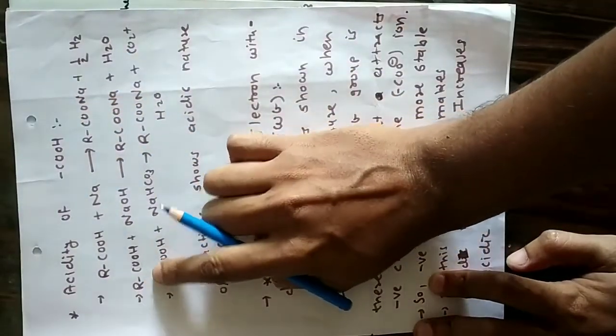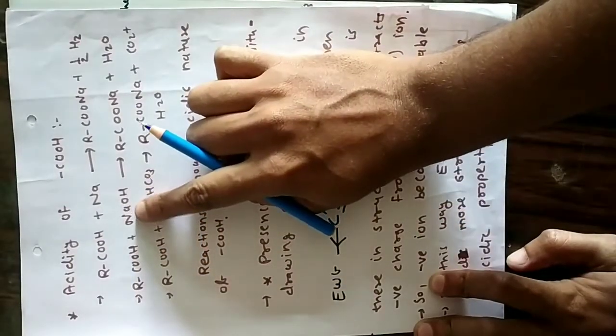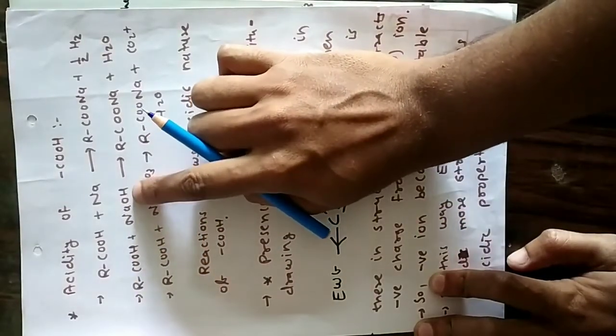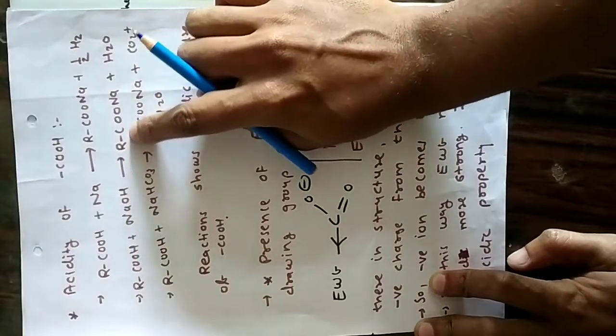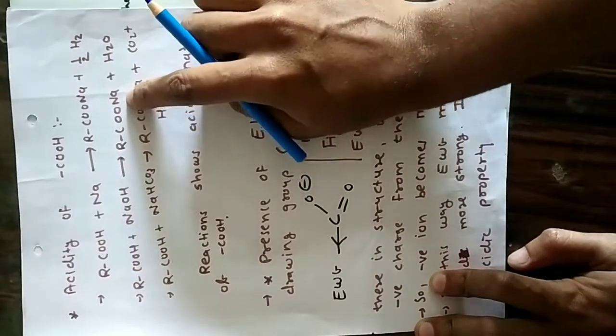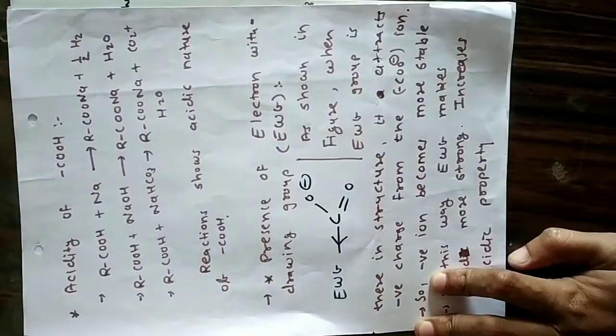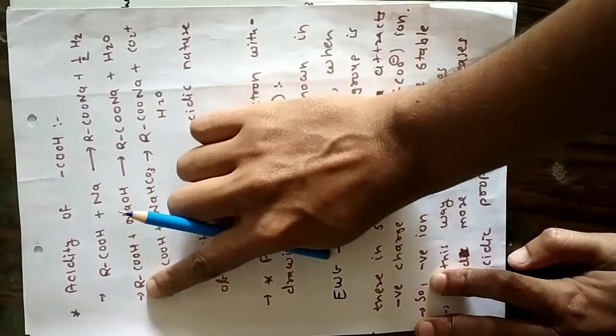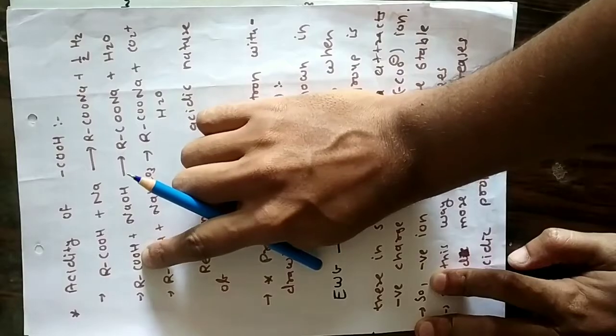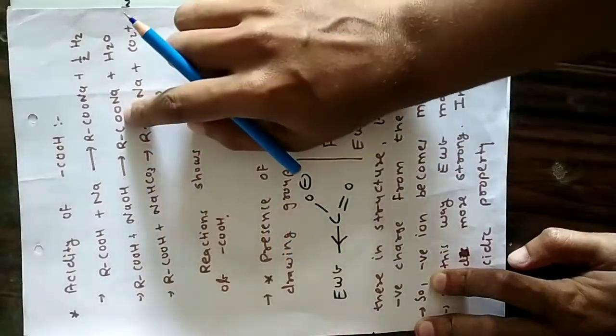Whereas when carboxylic acid reacts with NaOH, sodium hydroxide, it makes the same sodium carboxylate ion plus water, because you know NaOH is base and COOH is acid. Acid plus base makes salt and water.